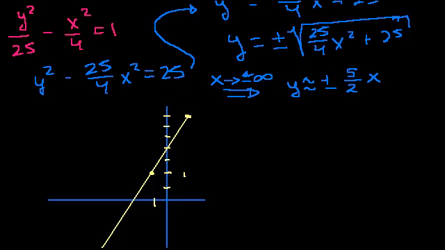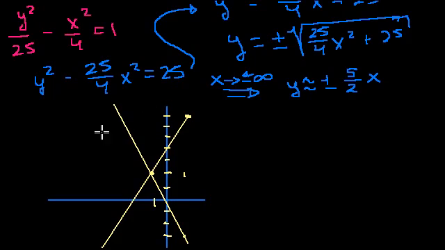So for every 2 we go over to the right, we go down 5: 1, 2, 3, 4, 5. We end up right about there, and that line would look like that. Good enough. So those are the two asymptotes, and they go on forever in those directions.